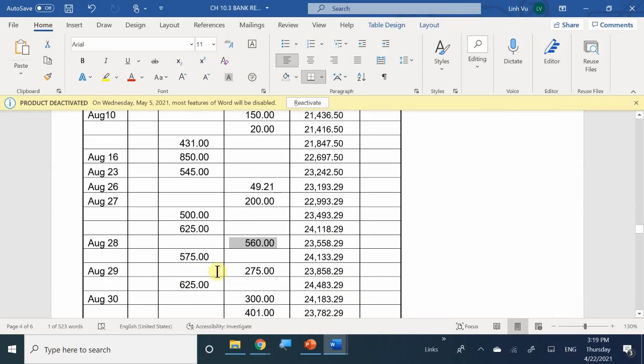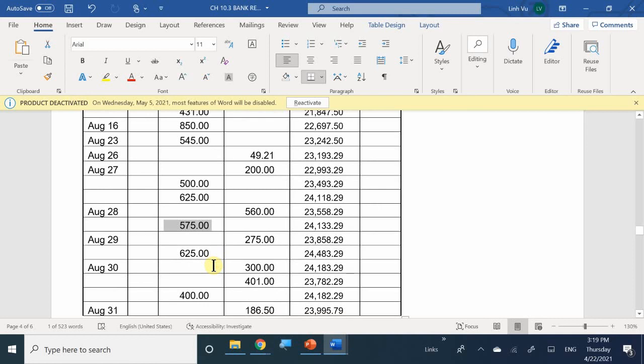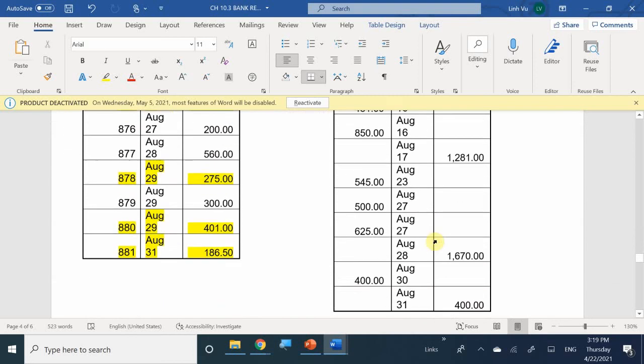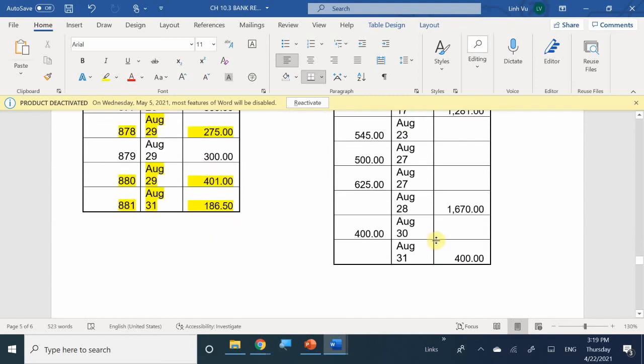Then we have an additional $575 and an additional $625 that we deposited. Do we make note of that in our deposits? No. The last thing that we deposited was $400.